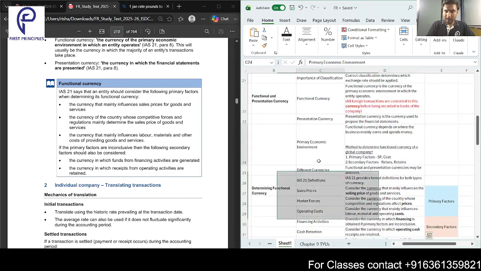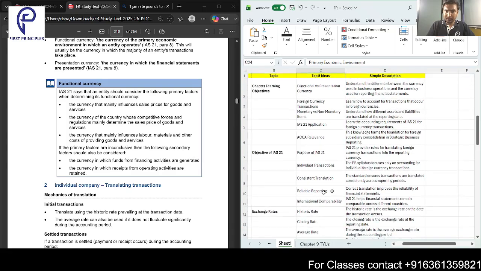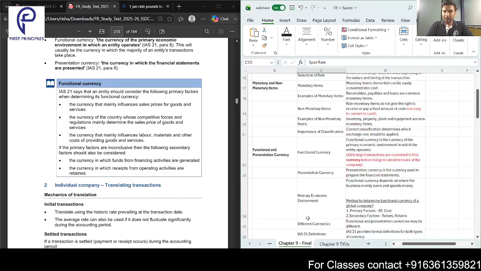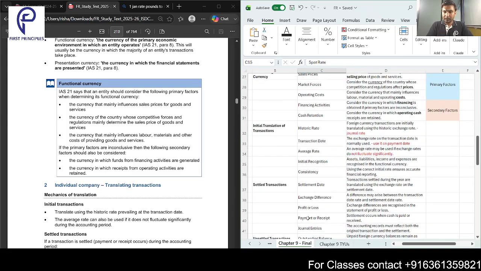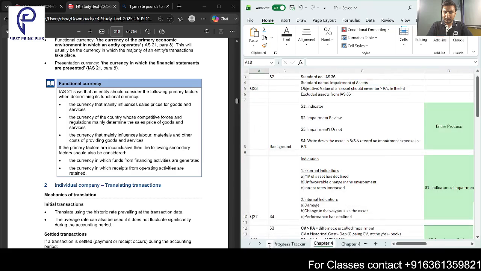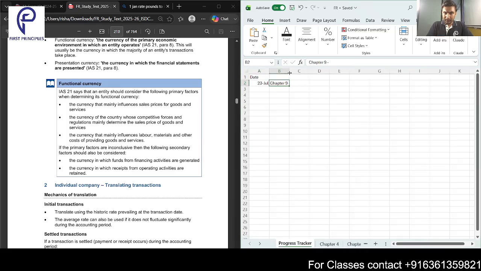There are two chapter nines based on what we had done first, so we'll keep this more specific. This is our chapter 9 final. I'll not delete the other yet, because once I finish the entire chapter, if there's something better in that, then we'll add that also. So chapter 9 final: we finished till initial translations.